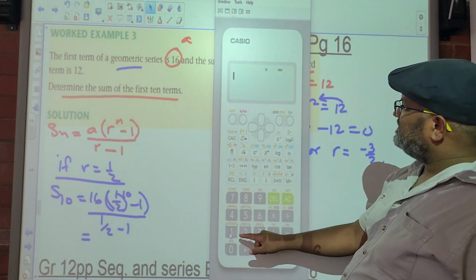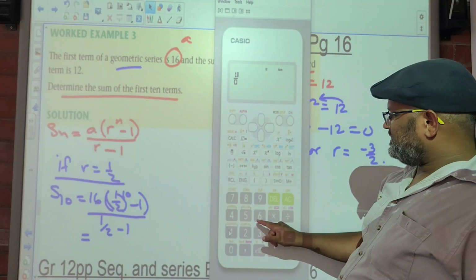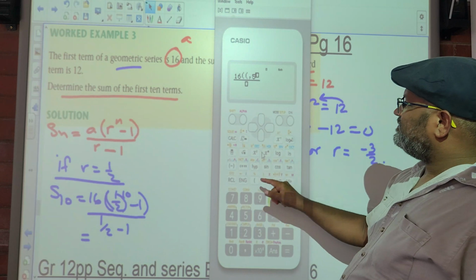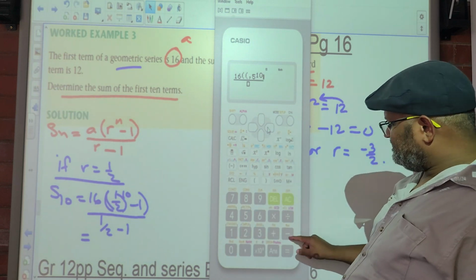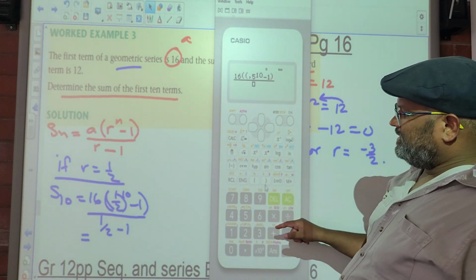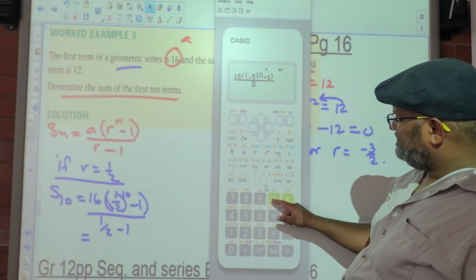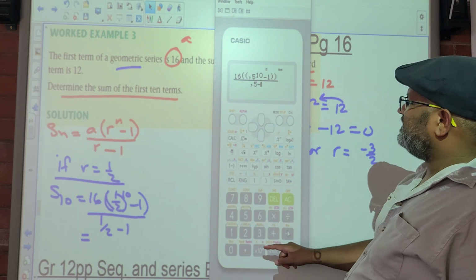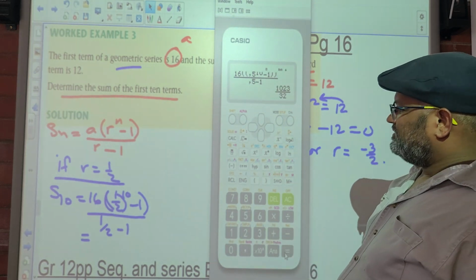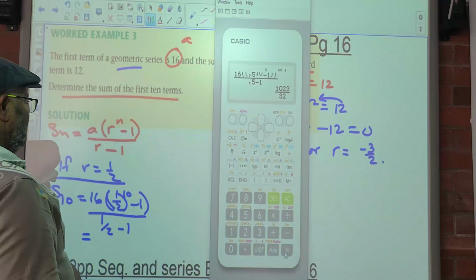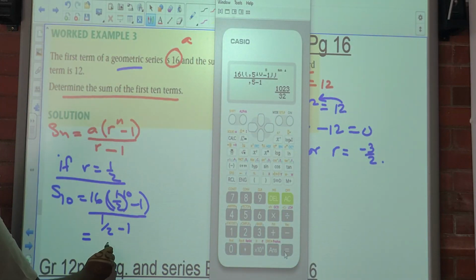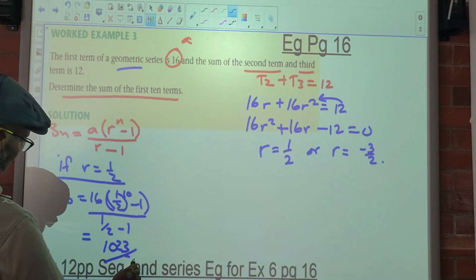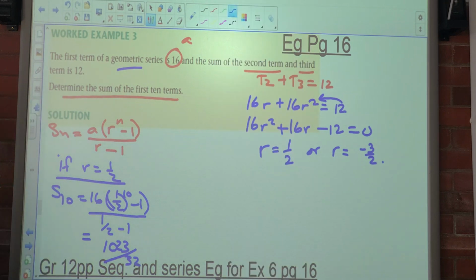I didn't need that bracket, sorry. So if r is half, then the sum of 10 terms is 1 over 2, 3 over 32. You guys understand?